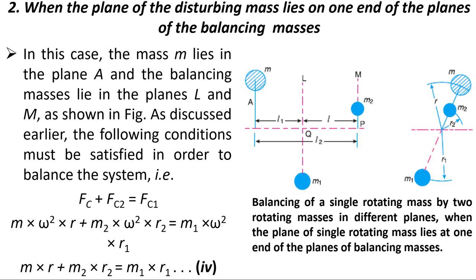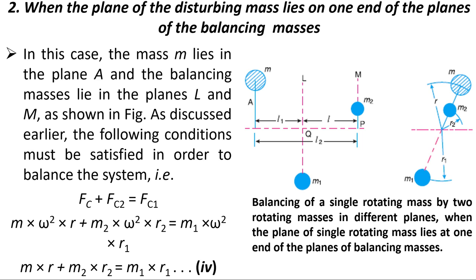Here, the plane of the disturbing mass lies on one end of the planes of the balancing masses. You can see now the disturbing mass is on the left side and the other two masses are just beside that. In the first case the disturbing mass was at the center; now we can see it on the other side.